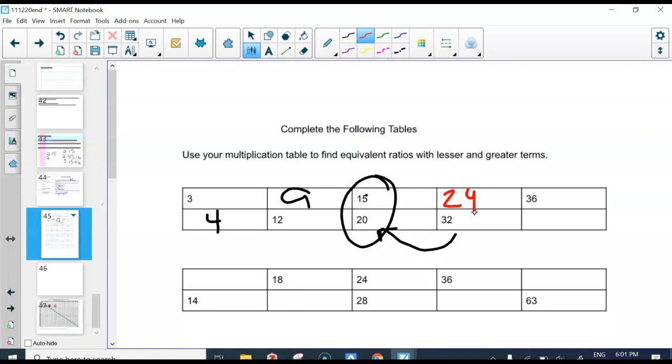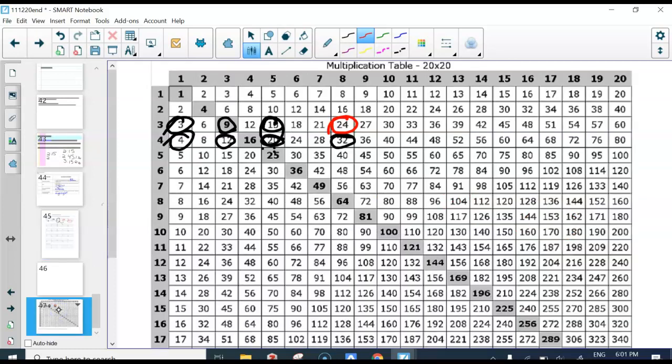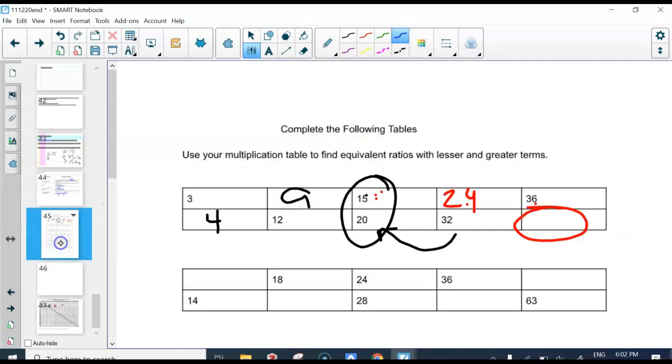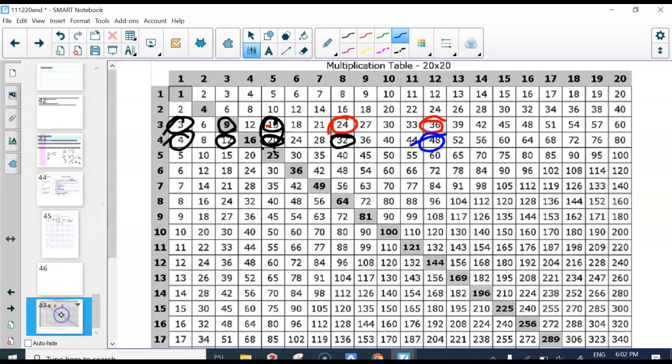And the last one, 15 goes to 36. What's the missing number? Try it. What do you think the missing number is? So I went 24, 15 goes with 36. There it is. Who's missing? 48.